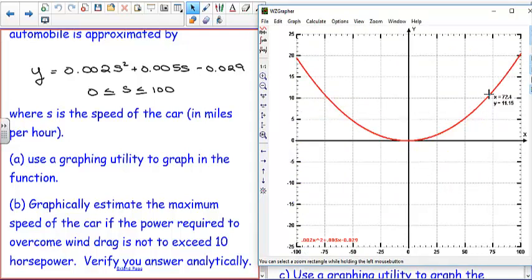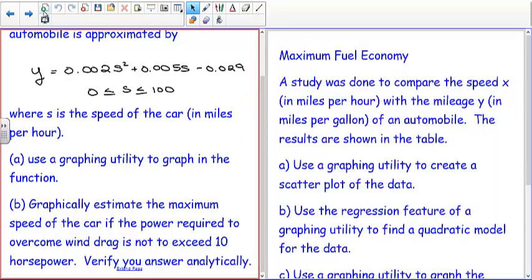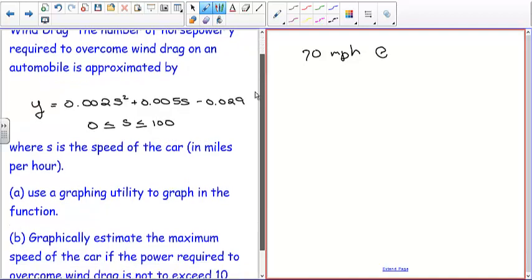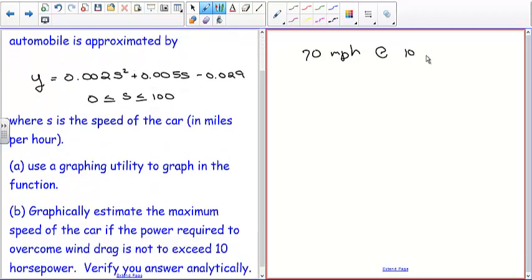If we go over here to y equals 10, you can see the speed is about 69, 70 miles an hour. And so let's write that down. So we're going to say 70 miles per hour. The horsepower is 10 horsepower.